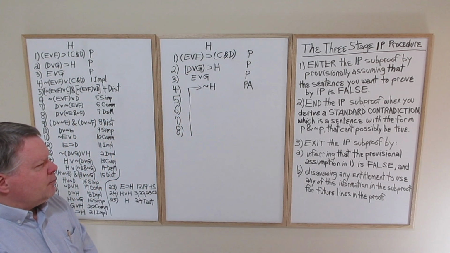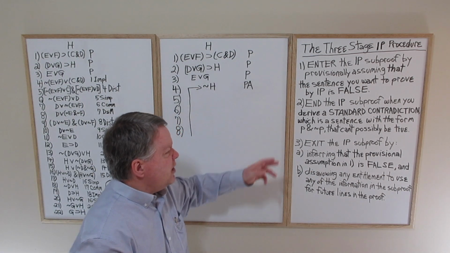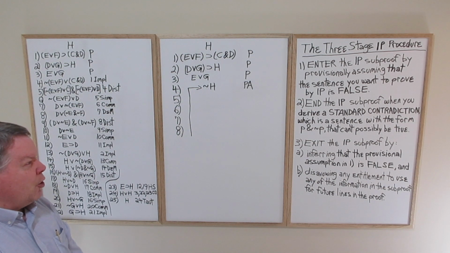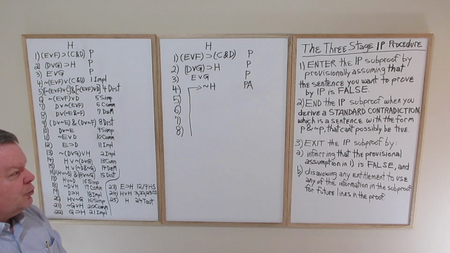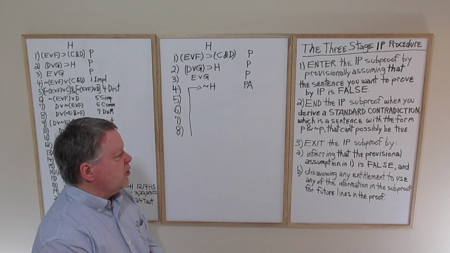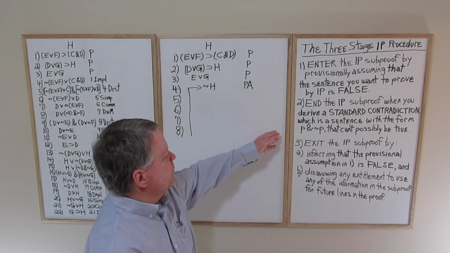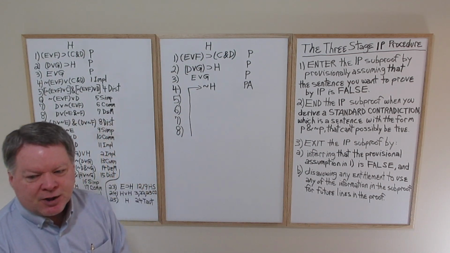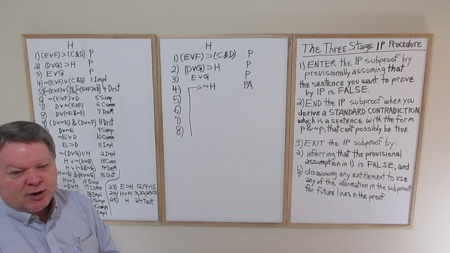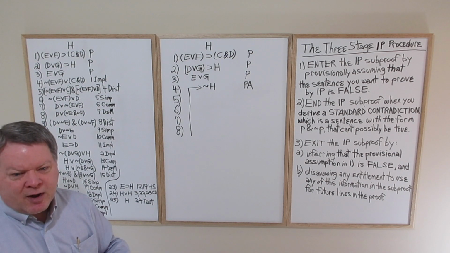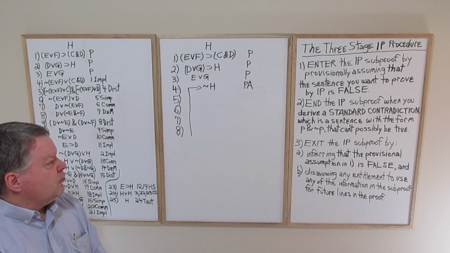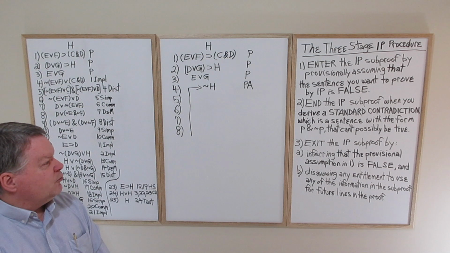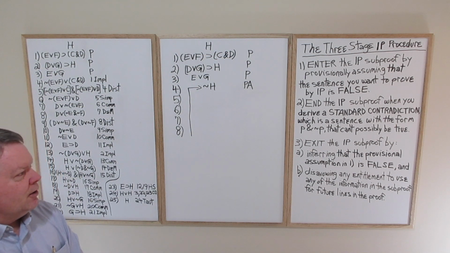Then we proceed in the subproof and we end the IP subproof when we derive what's called a standard contradiction. A standard contradiction is a sentence with the form P and tilde P. Notice these are lowercase letters. So a standard contradiction is any conjunction of some sentence, any sentence, as the left conjunct, and that exact same sentence with a tilde in front of it as the right conjunct.